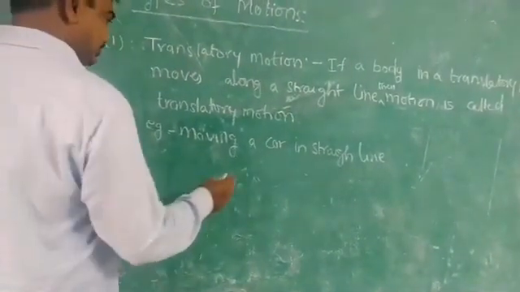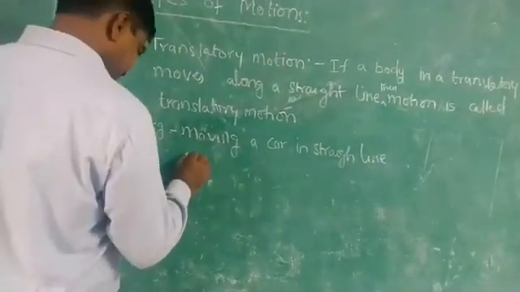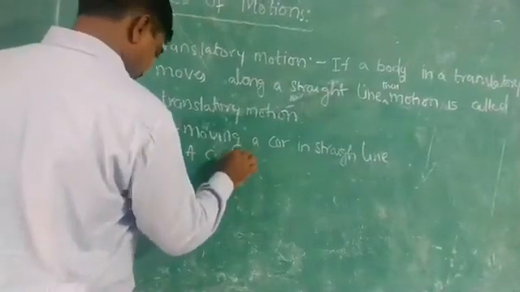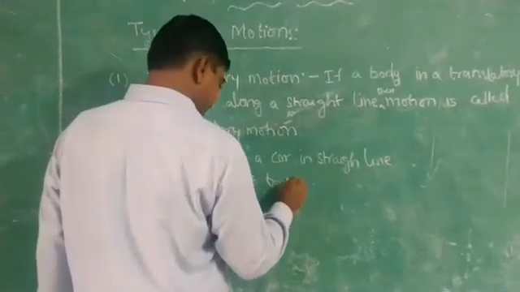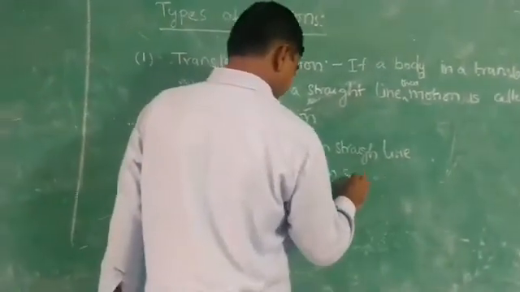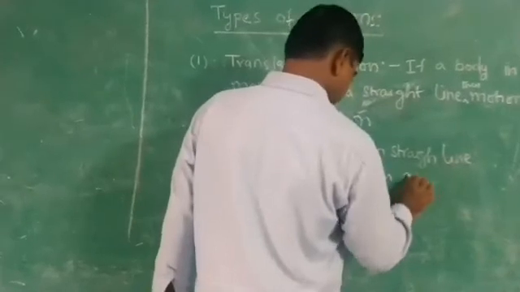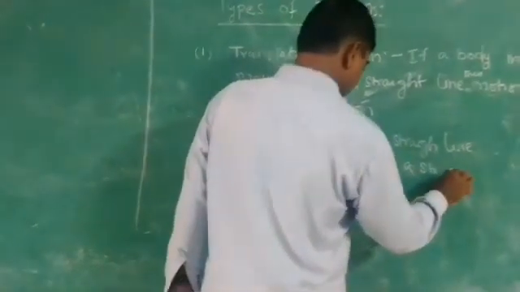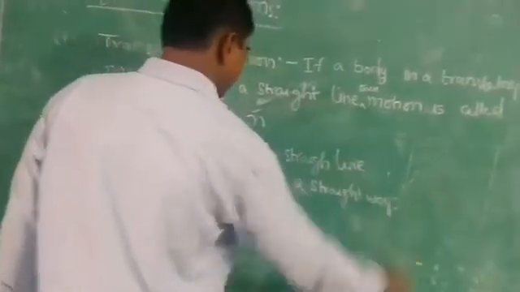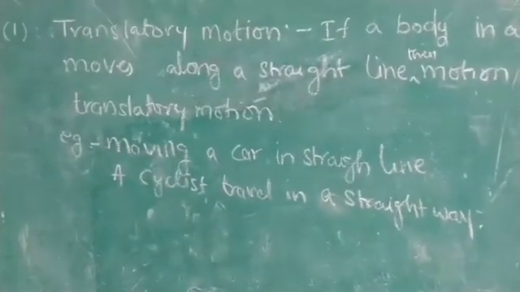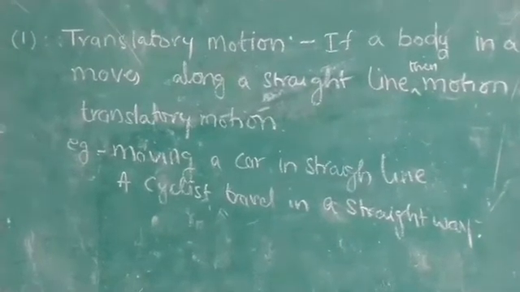A cyclist travels straight. Whatever you are seeing like this, all those are what? Translatory motion.